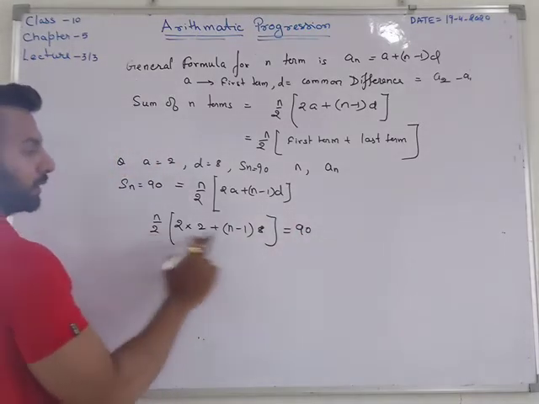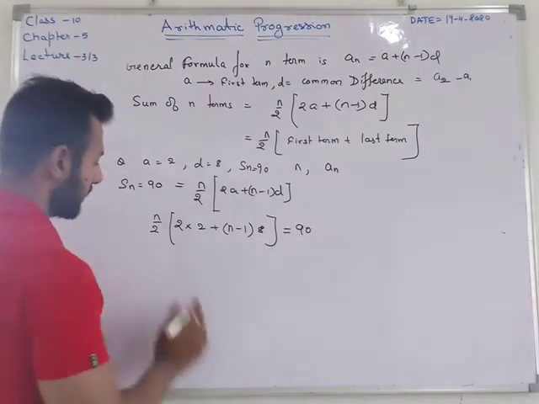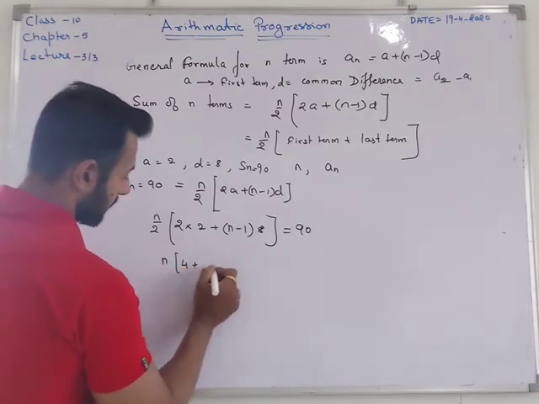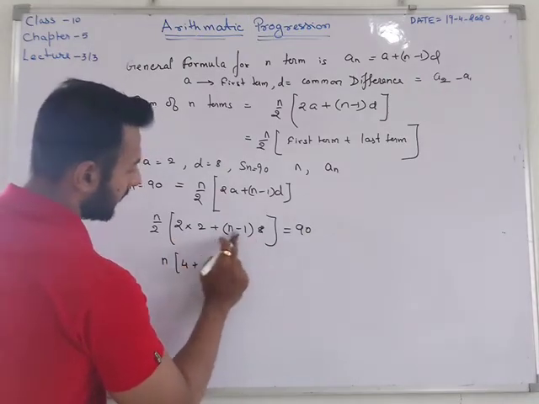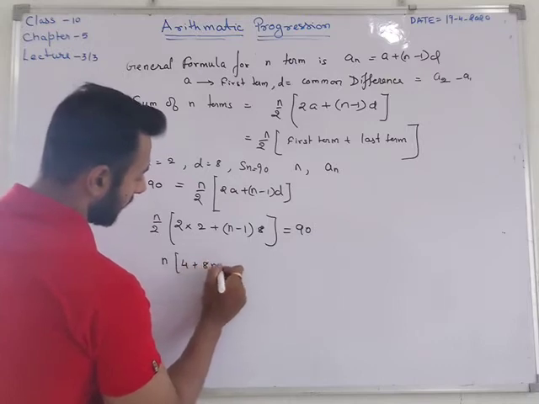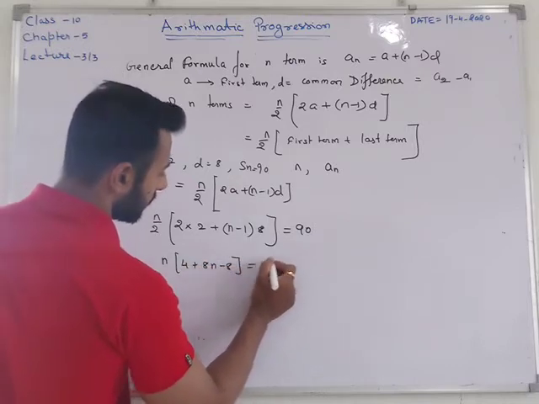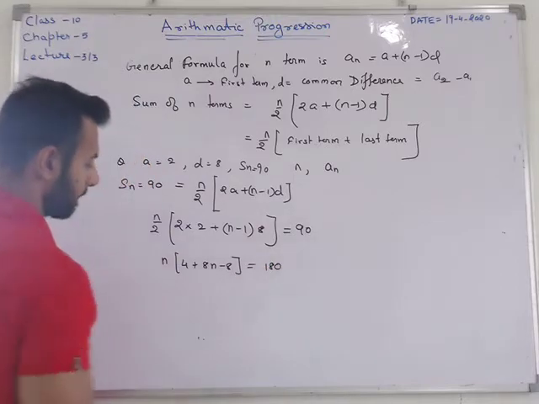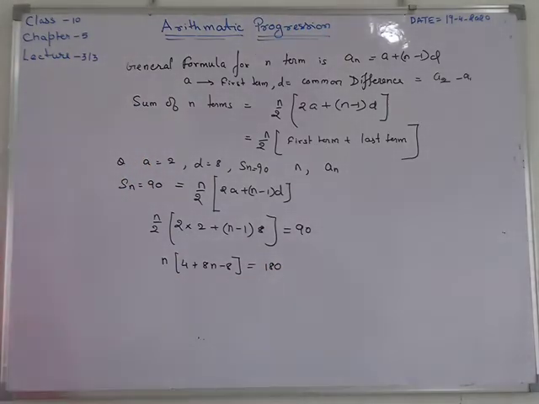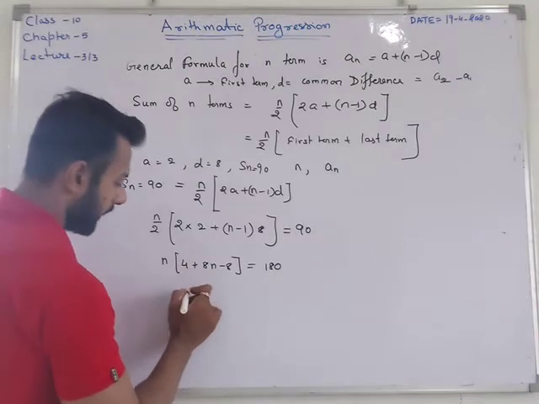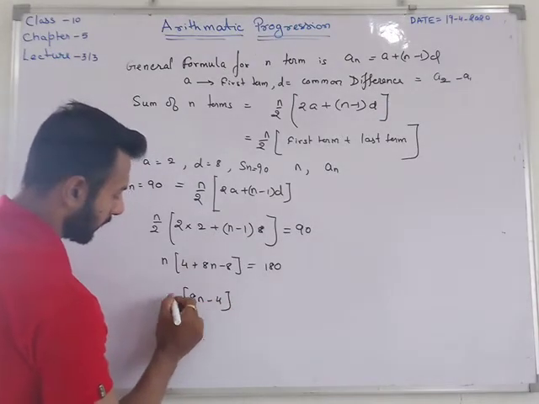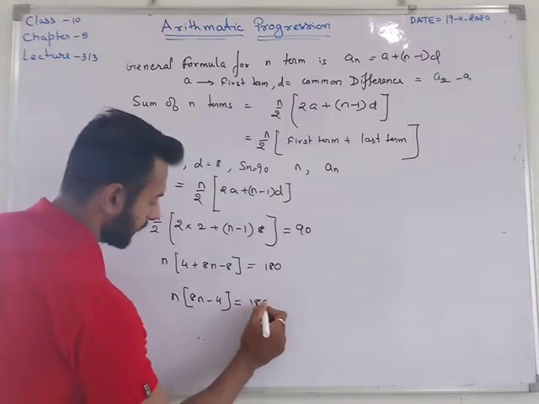Taking the 2 in the numerator on the right hand side, 2 into 2 will be 4, plus multiplying the 8 in the bracket, we will be getting 8n minus 8 is equal to 2 into 90, which is 180. Solving this bracket first, we will be getting 8n minus 4, n is equal to 180.